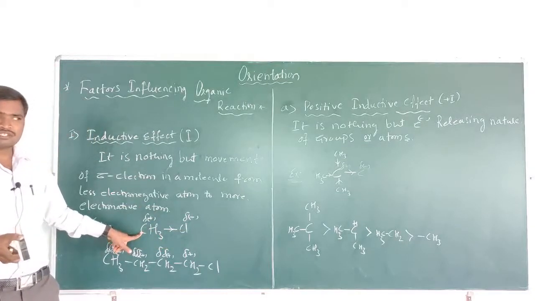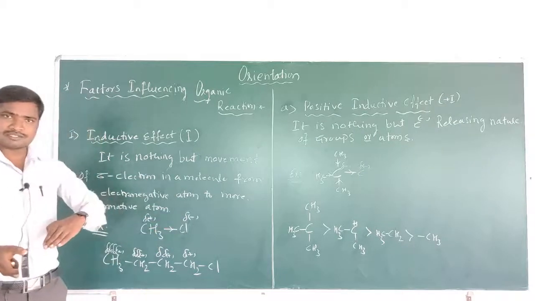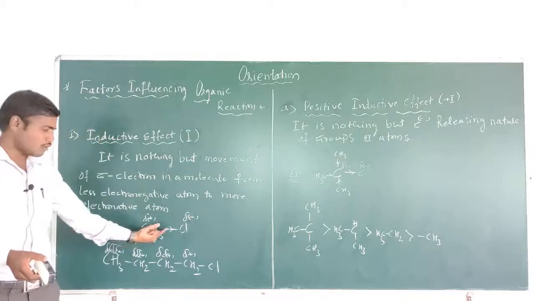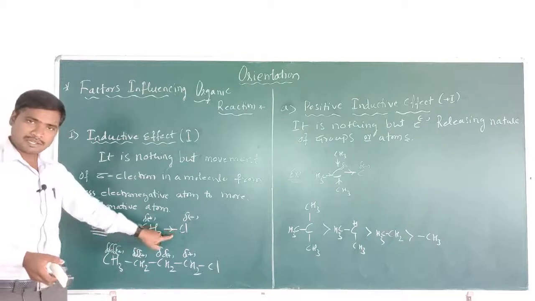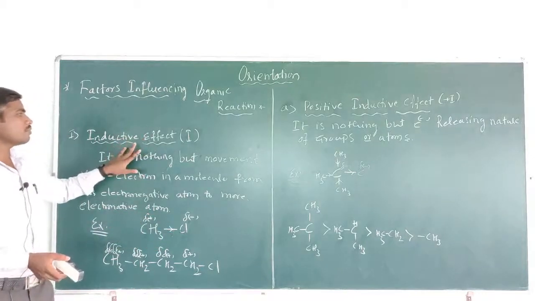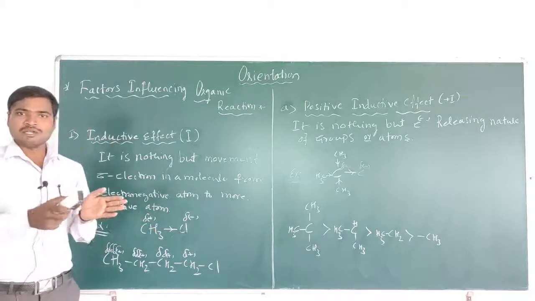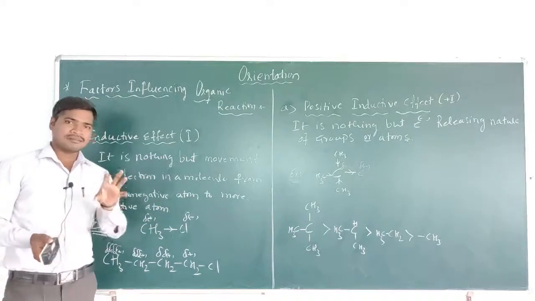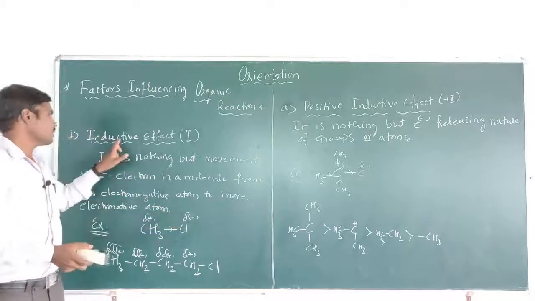Chlorine takes the bonding electrons towards itself, so it gets a negative charge, and the other atom loses the bonding electrons, so it gets a positive charge. So the inductive effect is the unequal distribution of sigma electrons between the two atoms in a molecule, which generates a permanent dipole moment. That we call the inductive effect.